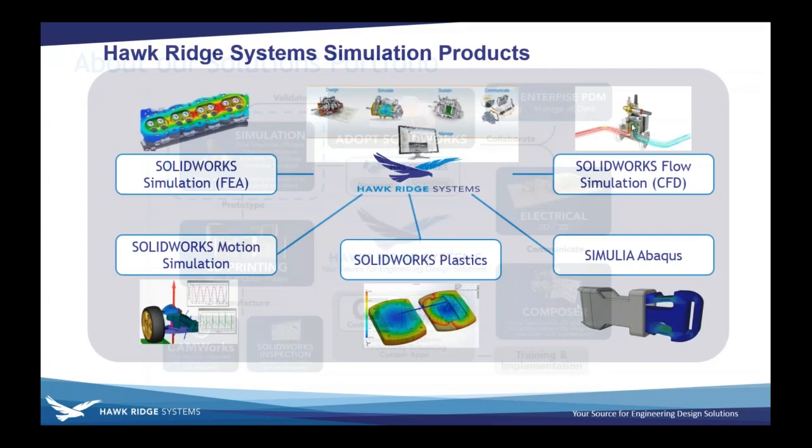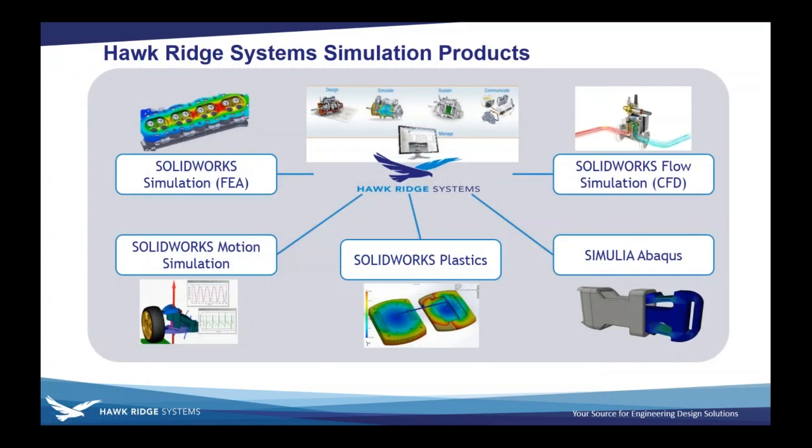If we dig into the analysis suite, we've really got 5 different analysis technologies that we feature now. SOLIDWORKS Simulation is our designer level structural analysis tool. SOLIDWORKS Flow Simulation is a really powerful computational fluid dynamics, or CFD, tool.